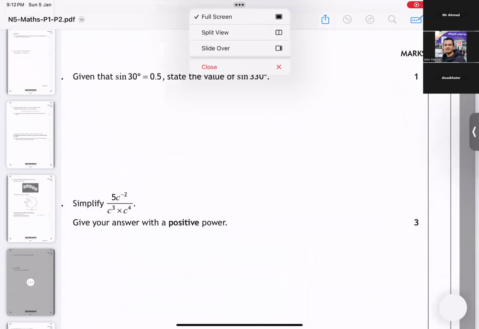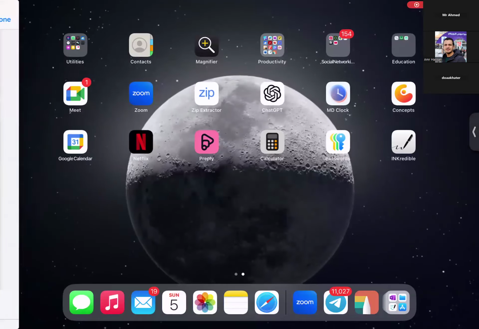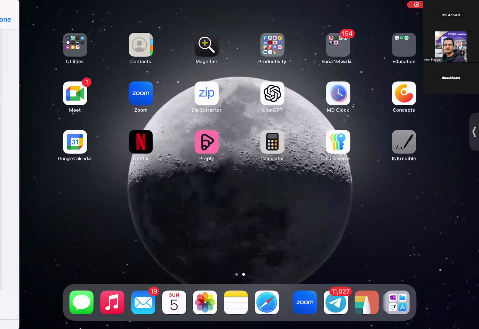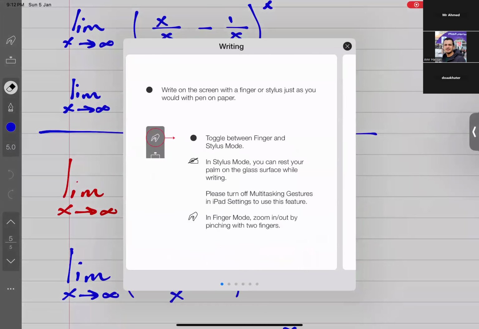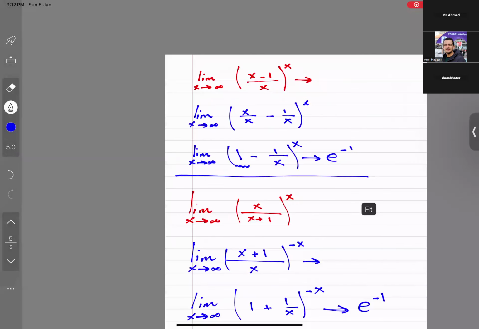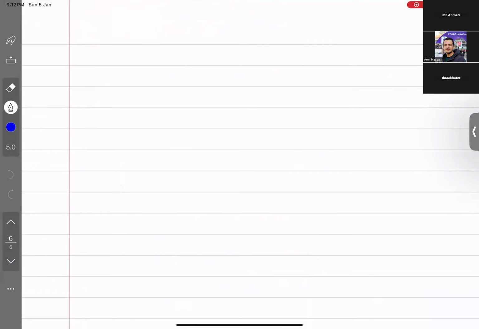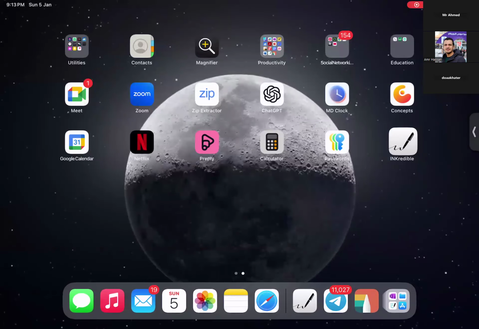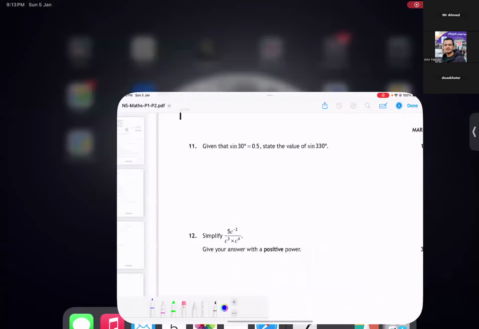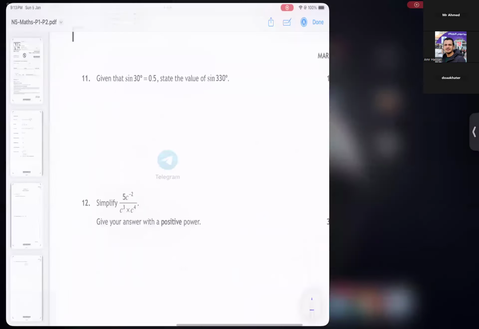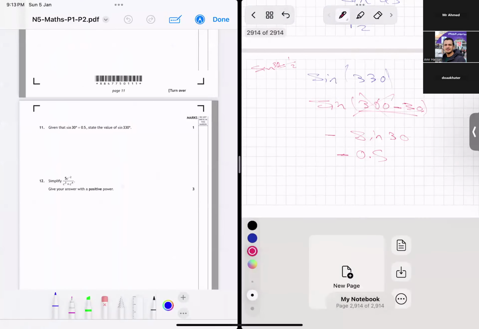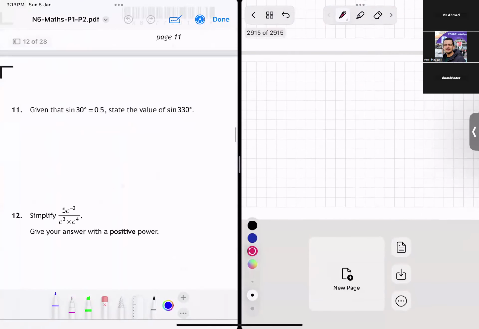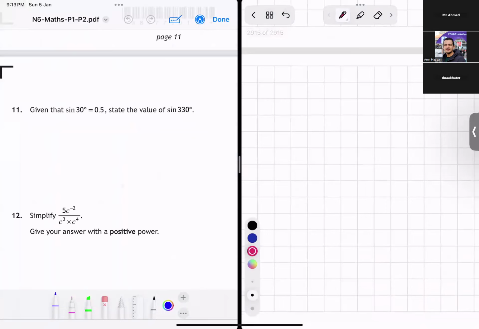Unfortunately, I won't be able to write on the PDF. Okay, I'm going to use it because I need to write.